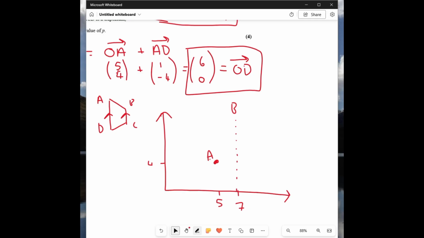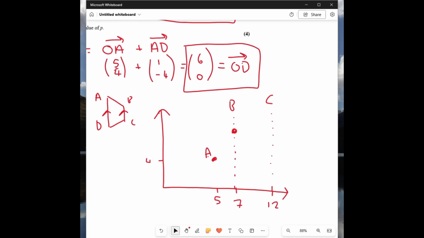So let's put 12 here. C is somewhere on this line, but if B was here, for example, C is going to be 2 higher than it. I managed to put a sticky note on there, didn't I? Whatever B is, C will be 2 higher than it.